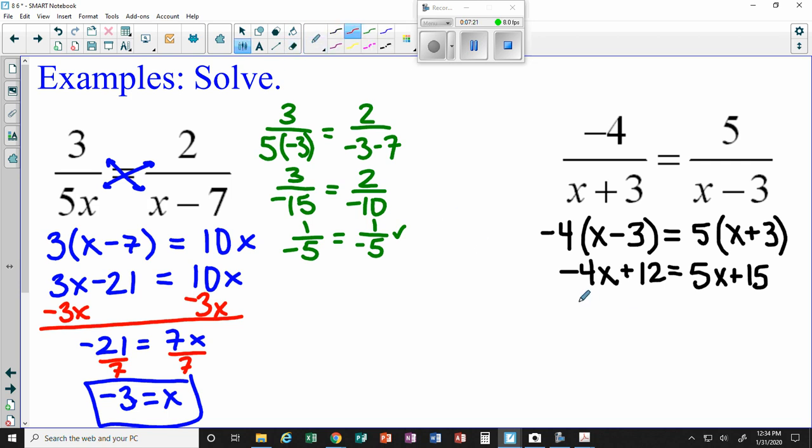Yeah, just replace all the x's. So you go boom, that equals negative 1. Negative 4 equals 5.